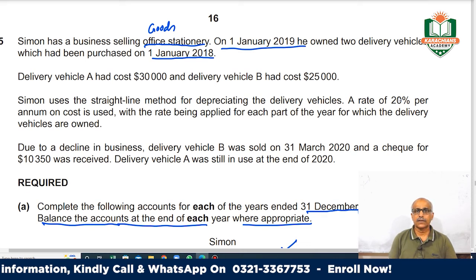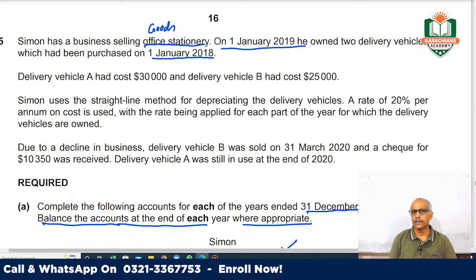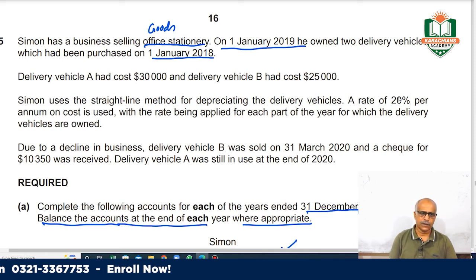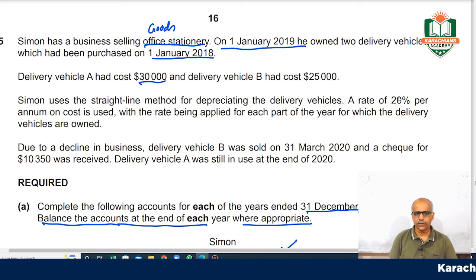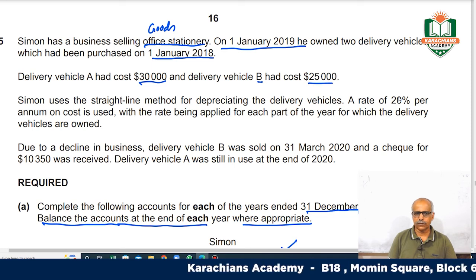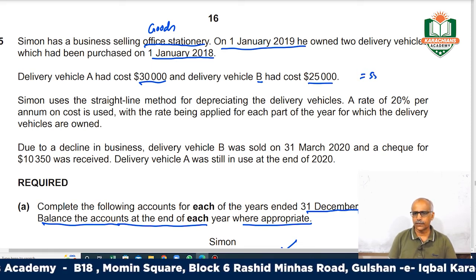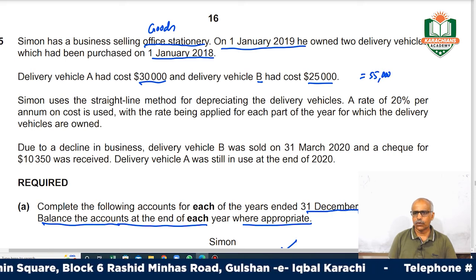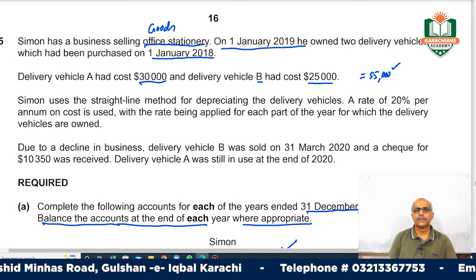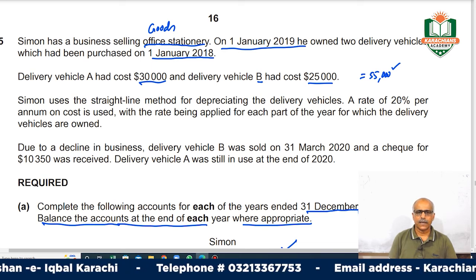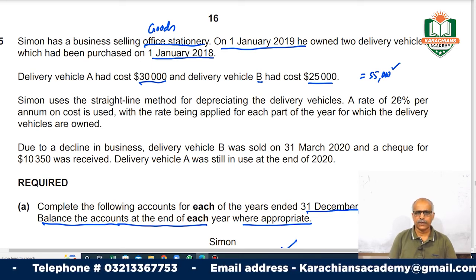It is the provision for depreciation. Delivery vehicle A had cost 30,000, right? And B cost 25,000. So 30 plus 25 equals 55,000. So already he has given you this 55,000 balance and the depreciation balance is already given, right?